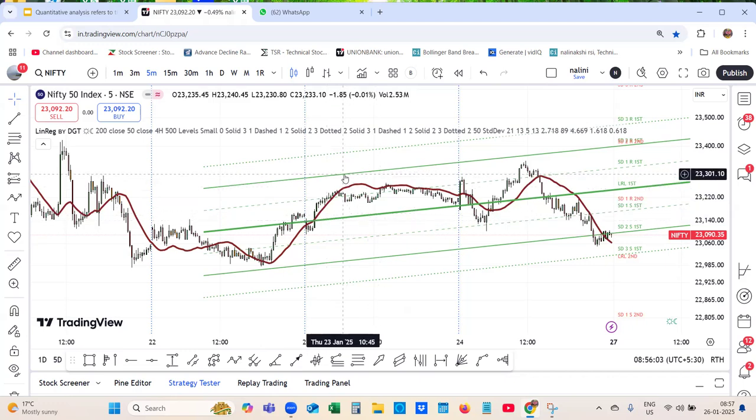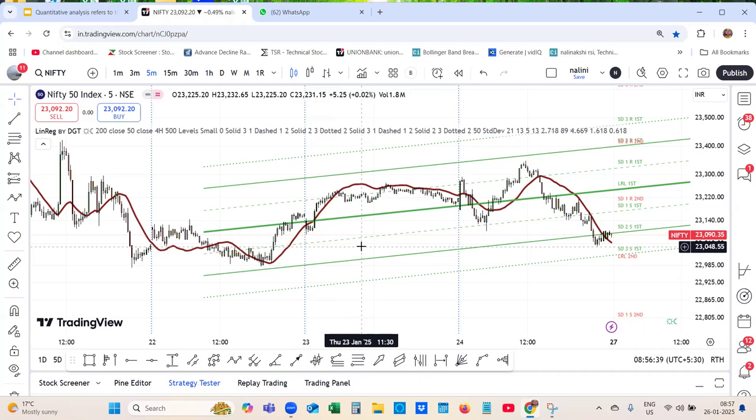The calculations use standard deviations from the linear regression line. The central line is the linear regression line, which is giving you the mean data. So how can we utilize this indicator for our trade?